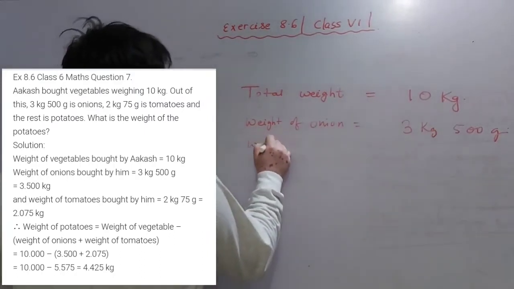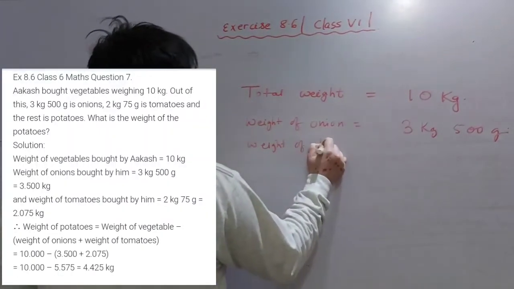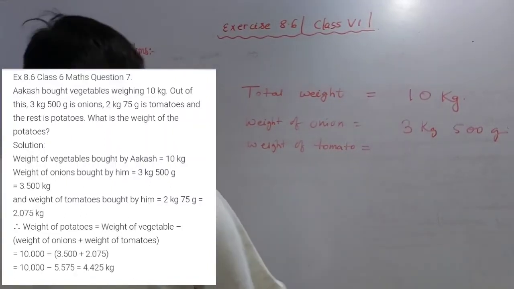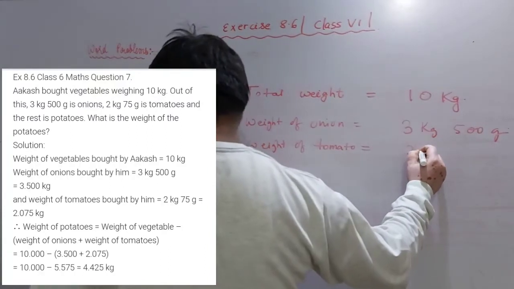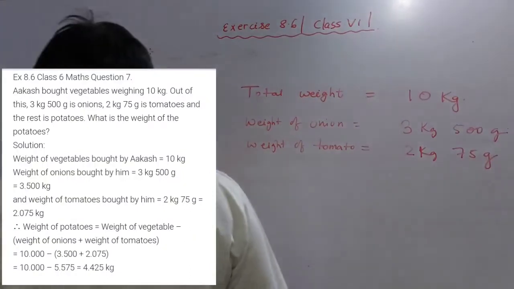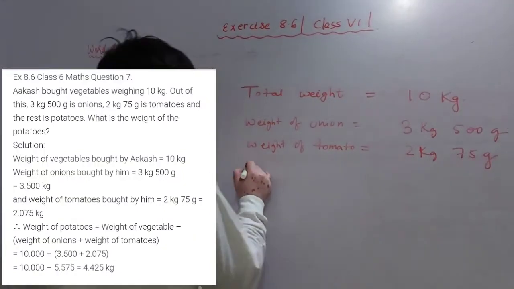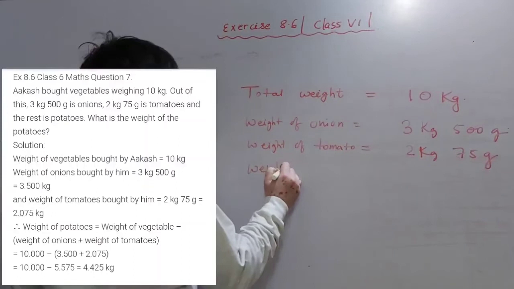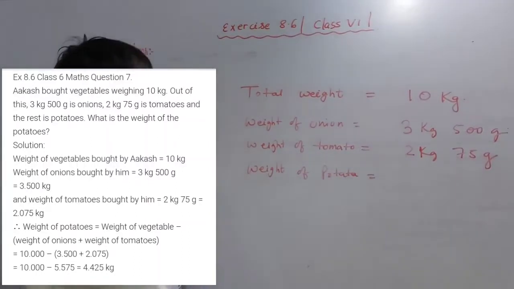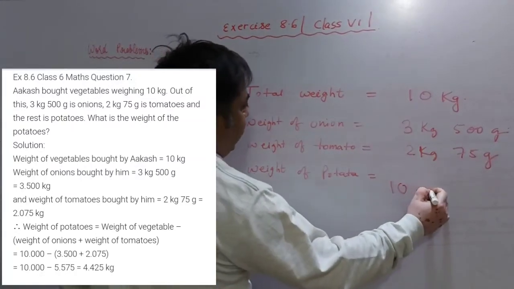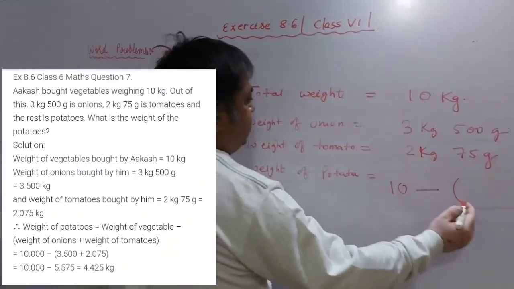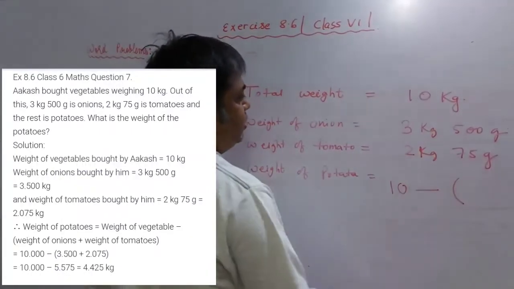Weight of tomato is equal to 2 kg 75 gram. So what is the weight of potato? So weight of potato will be equal to total weight minus weight of this and this. So weight of this and this will become how much?